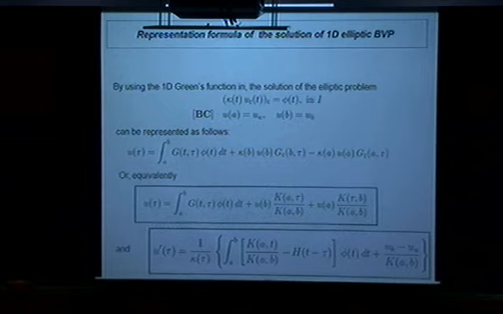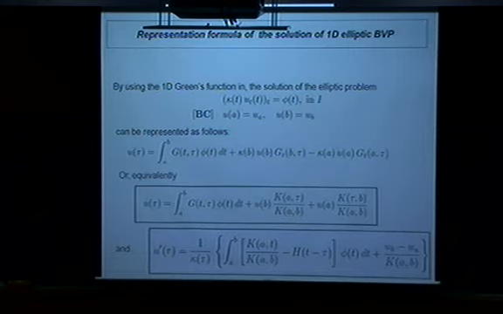Using the 1D Green function, we have a representation formula for the solution. If we consider this kind of boundary value problem of the 1D elliptic operator, we can easily represent the solution in terms of phi and the boundary values UB and UA, which look like that.